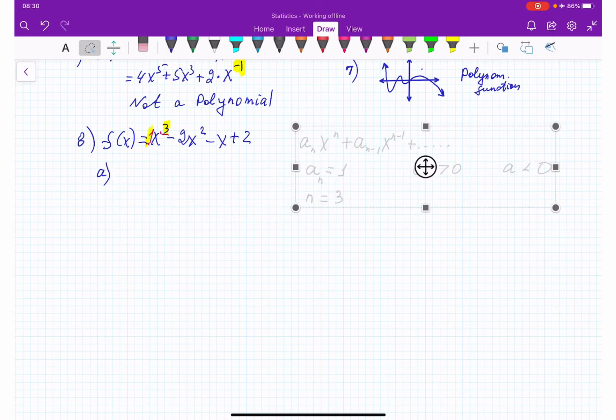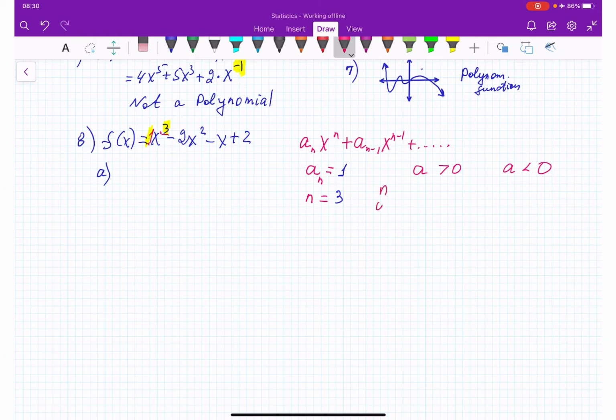Put it right here, and it will be based on this example. Now, if a is greater than 0, then we are looking at n is odd, and we are looking at n is even.